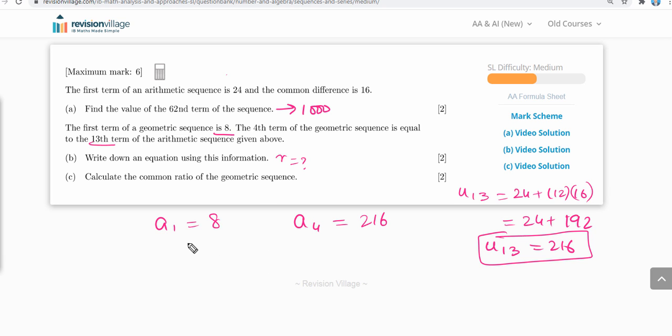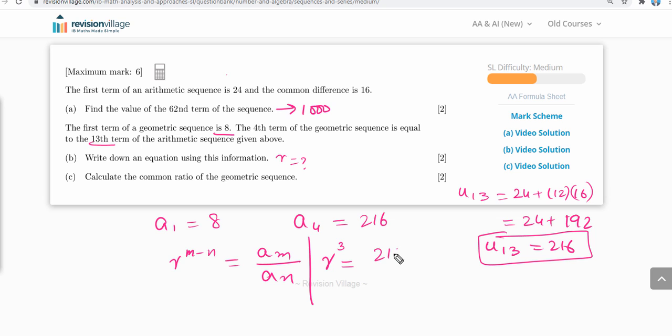Okay, now I'm going to write down the formula, that is r to the power of m minus n equals a of m over a of n. Okay, so I'll consider this as my mth term, and this will be my a of n. So my m will be 4 and my n is equal to 1. So I'll write it as r to the power of m minus n, that will be 4 minus 1, that is 3, equals a of m over a of n.